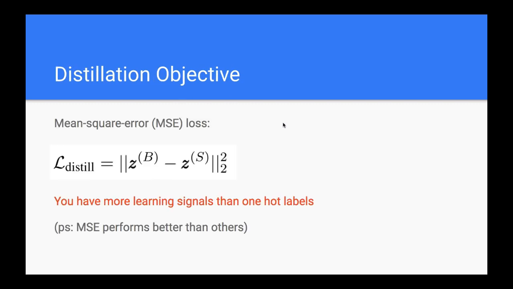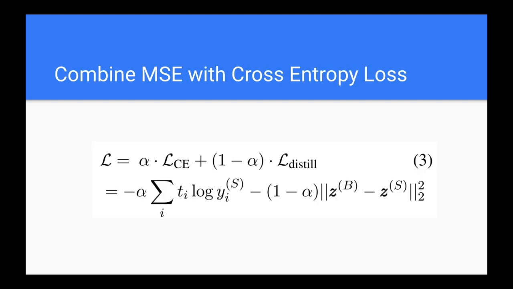Because if we only use this mean square error function to let the student learn those logits from the teacher, that's good, but it's not perfect, because the teacher probably will also make a lot of wrong predictions. What we actually have is 100% correct answers. And if we let the student learn from 100% correct answers, that's even better.